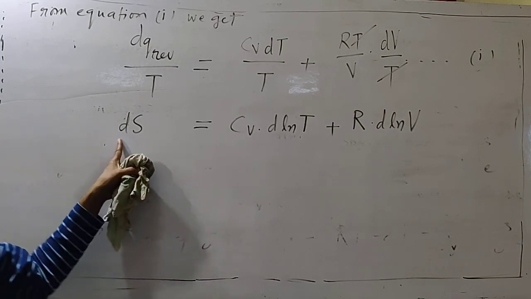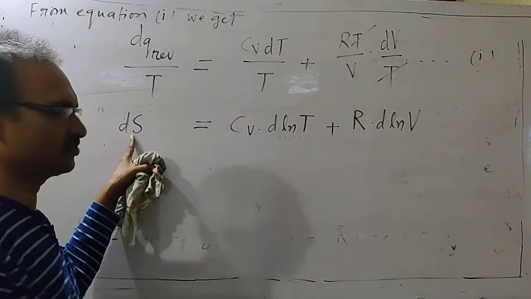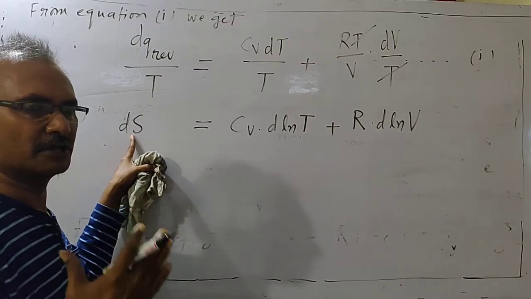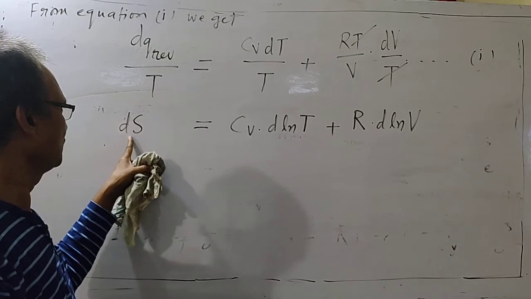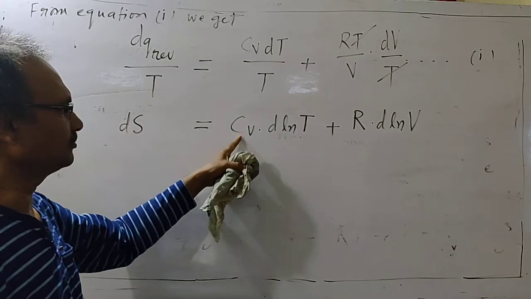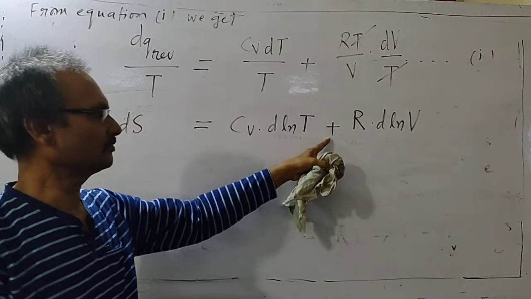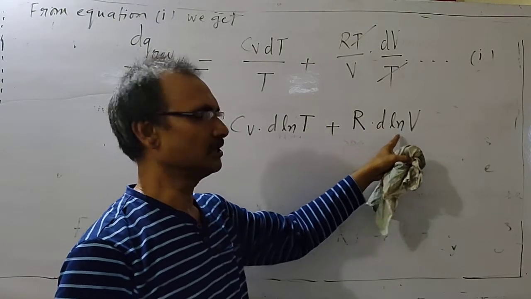So this is a small entropy change. For an infinitesimally small change, this equation is dS is equal to Cv d ln T plus R into d ln V.